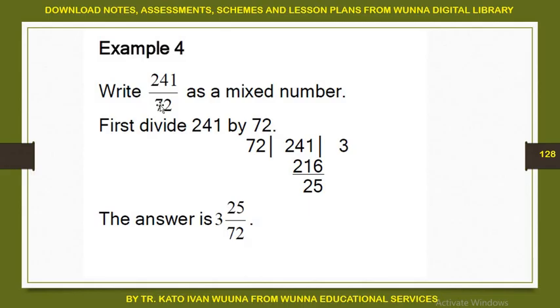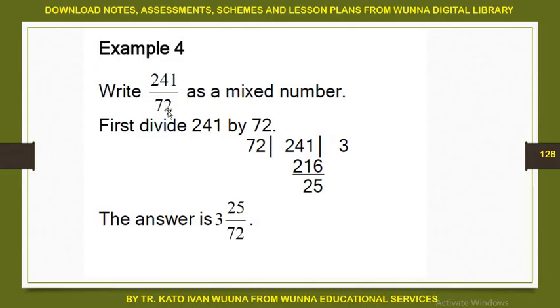There are 2 ways. One, you are going to multiply this denominator by natural numbers, by 1, 2, 3, 4, until you get a number that is less than, and close to, the numerator but a multiple of the denominator.